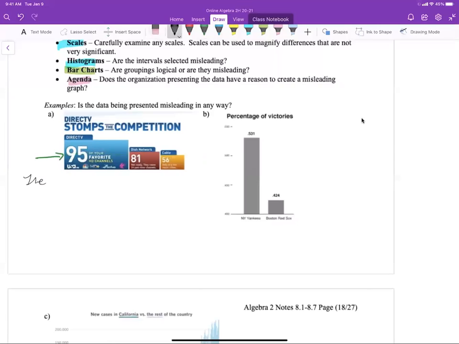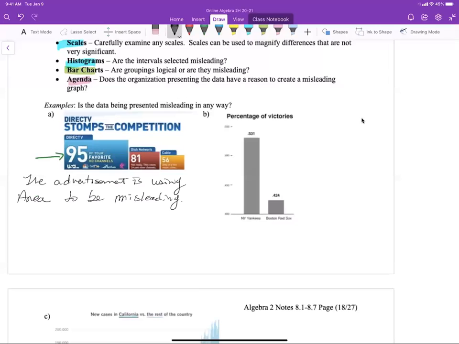So the advertisement is using area to be misleading. Visually, 95 looks huge compared to 56.